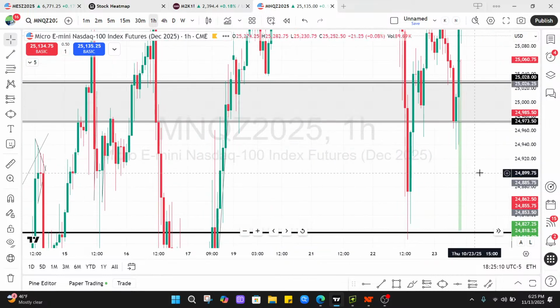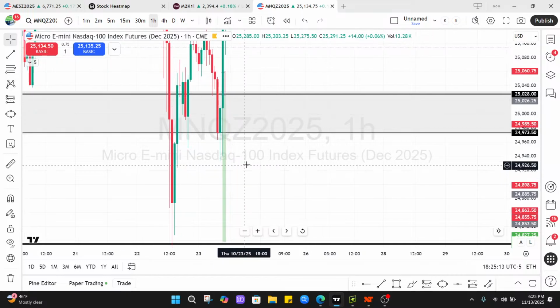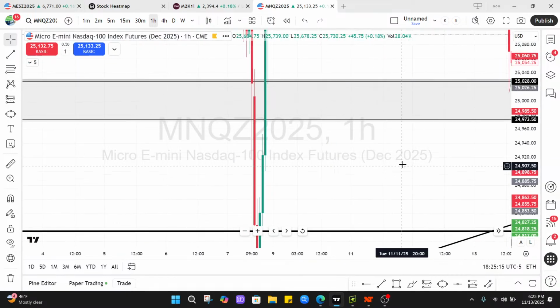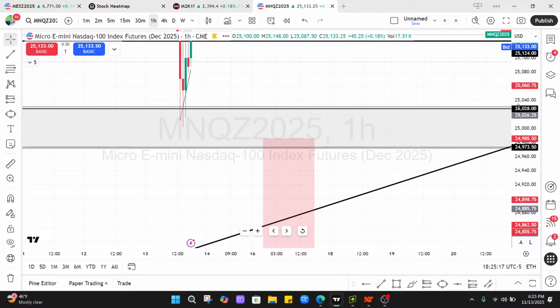So yeah, this area is significant. All right, which brings us to present day.